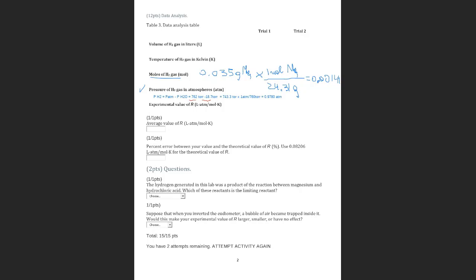Once we obtain the value in torr, we convert it into atm just by dividing by 760. So this is how we calculate the pressure. And then the last part, because we have the pressure, the volume, the number of moles, and the temperature, we can calculate now the value of R. R equals what?